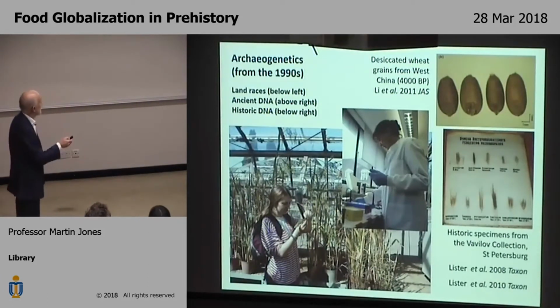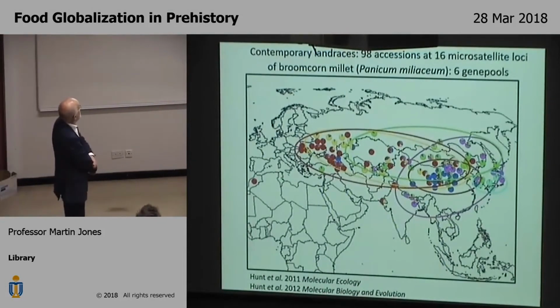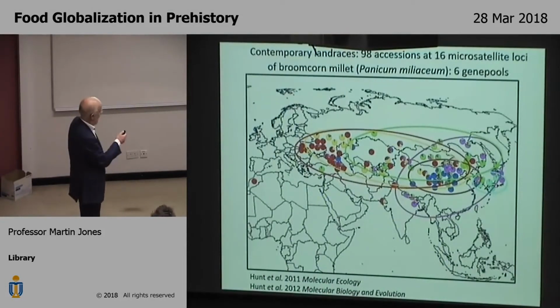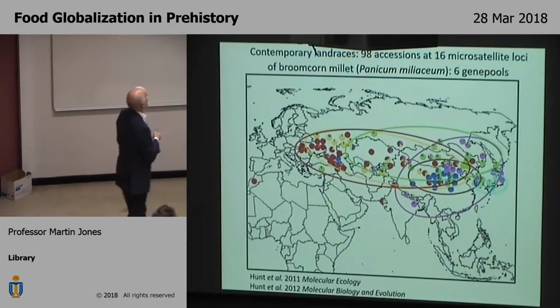Let's have a look at the kind of results they get. Typically what the results look like is this, and each one of those circles is a landrace, one of the pots you've just seen in the greenhouse, and the colours relate to the genetic signature. If there are geneticists in the audience, these lines will make some sort of sense, but for others of you, just accept those are measures of genetic diversity.